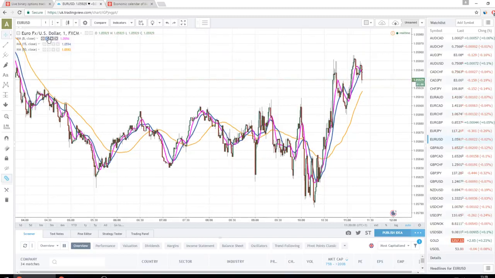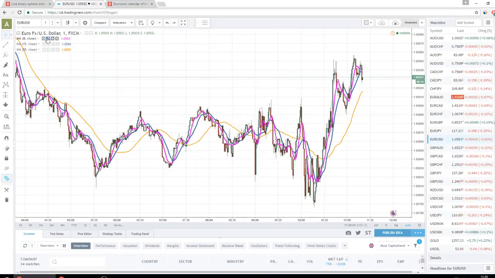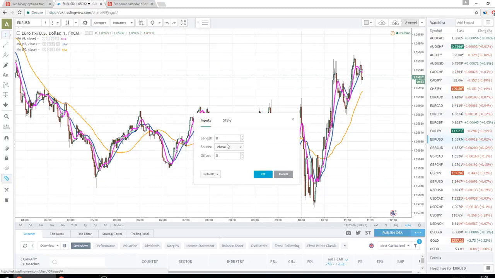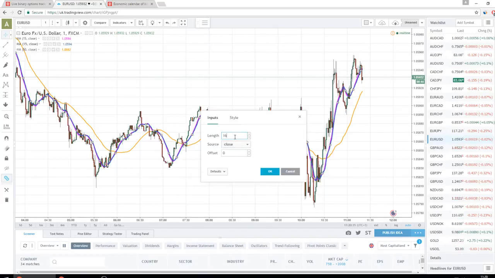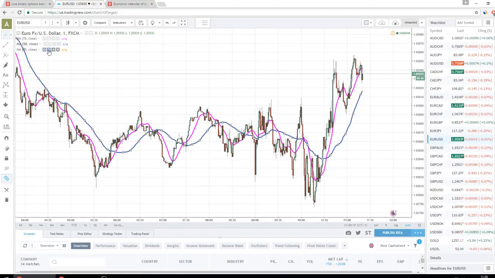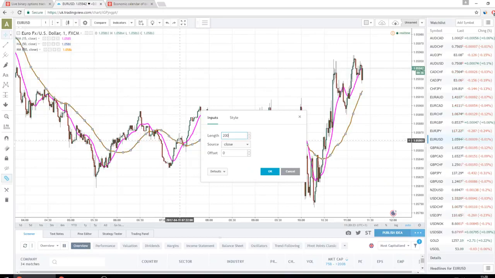Basically we can even use a different approach, like to start not with 8 but 15. Here we can put like 50, and here we can put like 200.